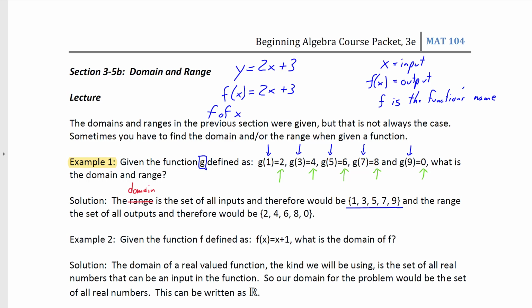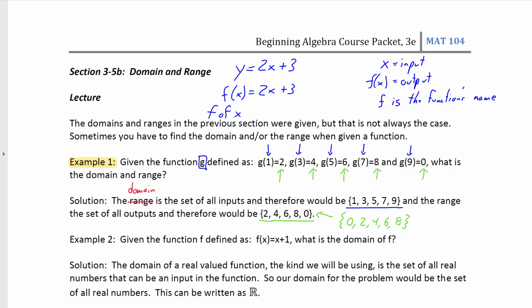And g of 9's output is 0. And we could write that as we see here in curly braces 2, 4, 6, 8, 0. It's actually slightly better to write it as 0, 2, 4, 6, 8. Using those curly braces on each side. And that's so we write things as we see them from left to right on a number line.